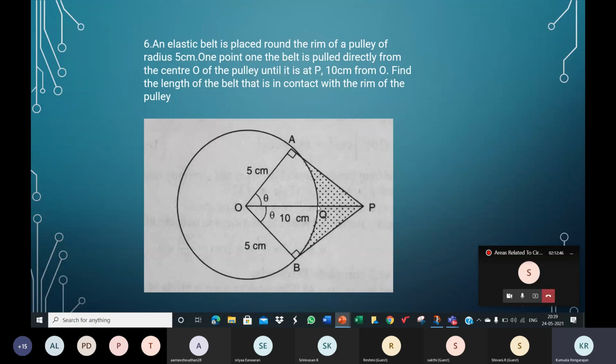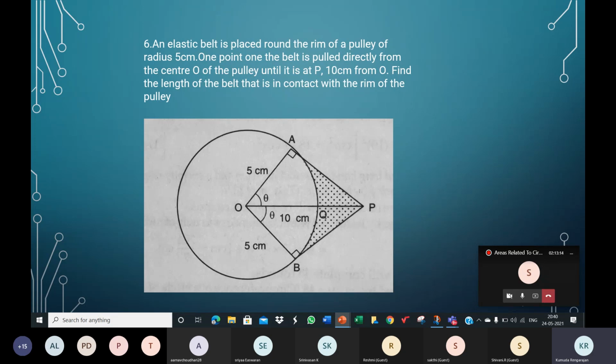So see here, supposing this point P, children. Now just imagine you're pinching the belt here. You hold a portion of the belt between your thumb and forefinger. You're holding a part of the belt between your thumb and forefinger, and you're stretching it away from the pulley.